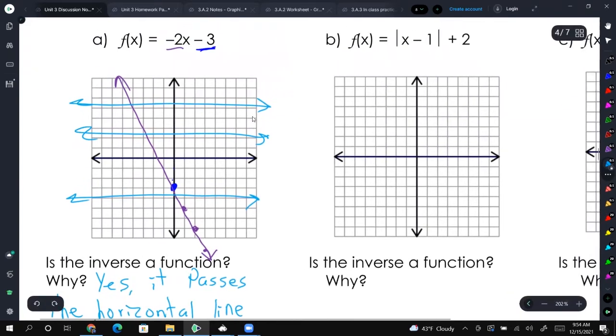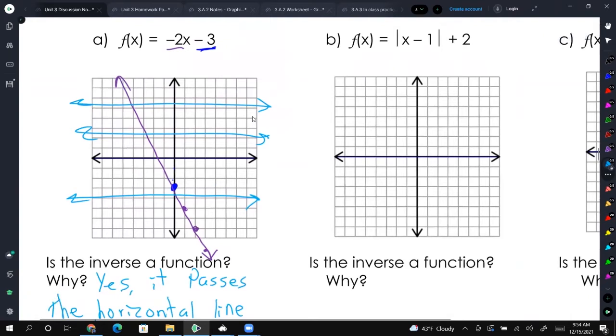Now letter B, our good friend, the absolute value graph. So we need to remember how to graph those. Your vertex is (1, 2). And our a value, the number in front, is an invisible 1. So that means we're going to go up 1 and right 1 from the vertex. And then from the vertex, up 1 and left 1.